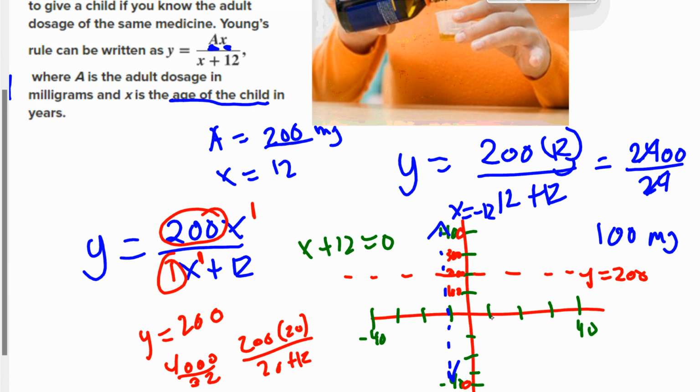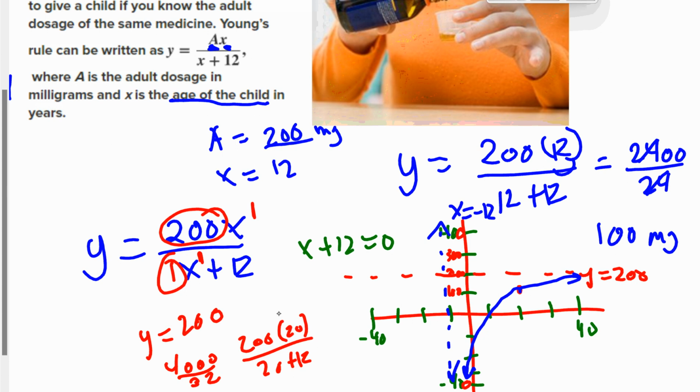So if I plug in 20, I get 125, somewhere right here. I can't pass this line, so I know I'm going to approach it this way, and then it has to go down and approach it this way, because I'm contained within there. Those are boundaries that I can't go past.